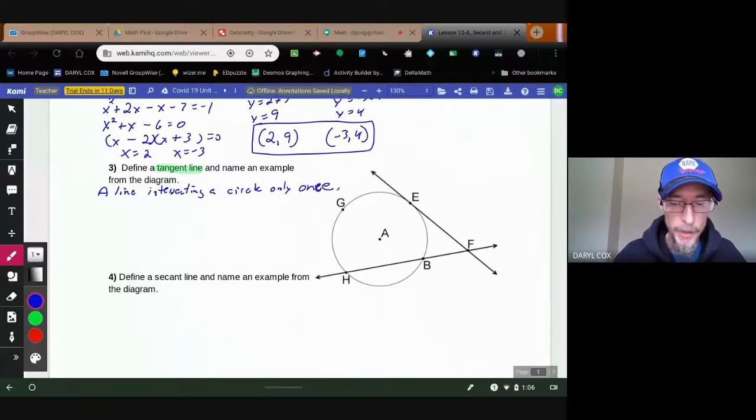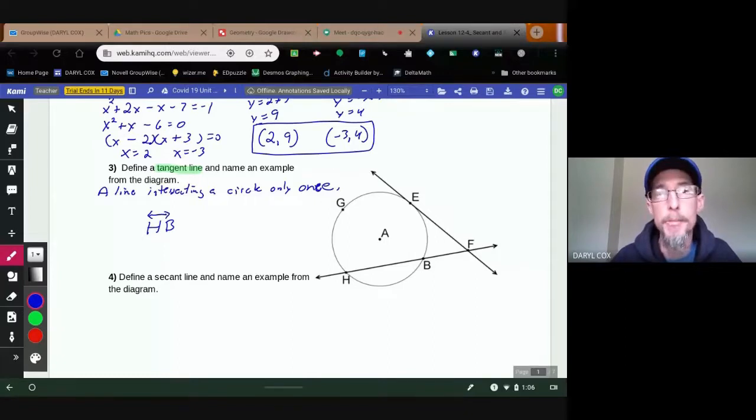Okay? So in that case, which of the lines here is a tangent line? Hopefully you're able to say line AB, or HB, I'm sorry. Line HB is my tangent line. Now in the Google form on all this, I don't expect the symbols. That's a little tough. Maybe you just said line HB.